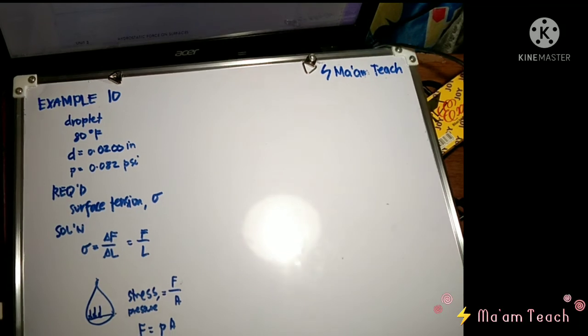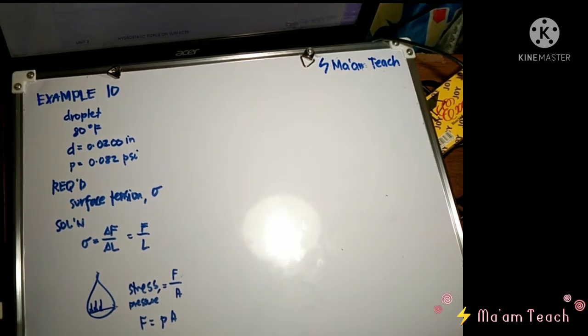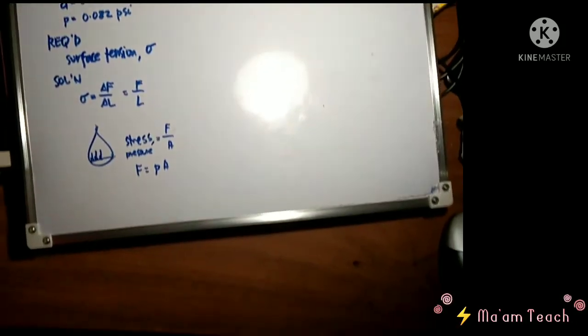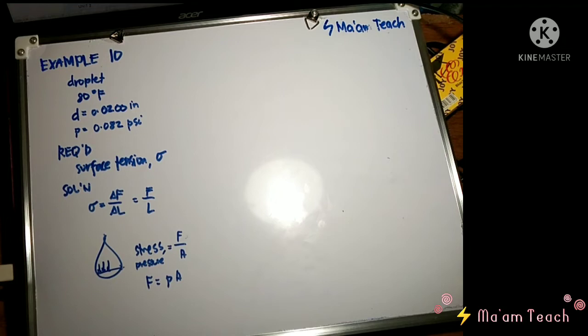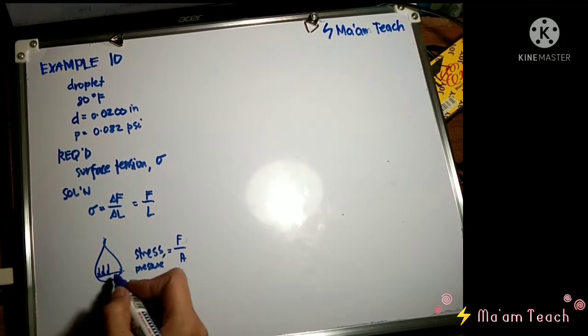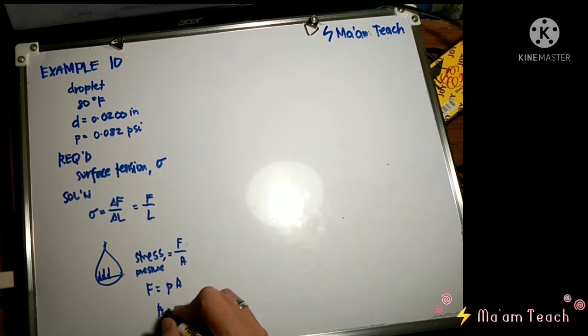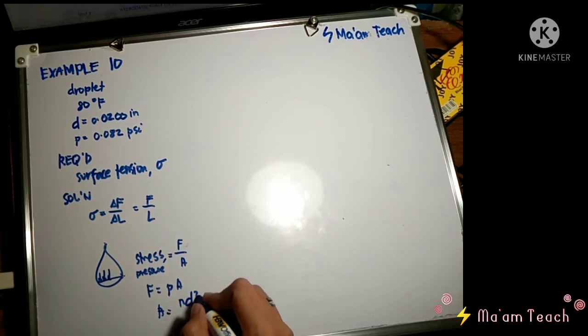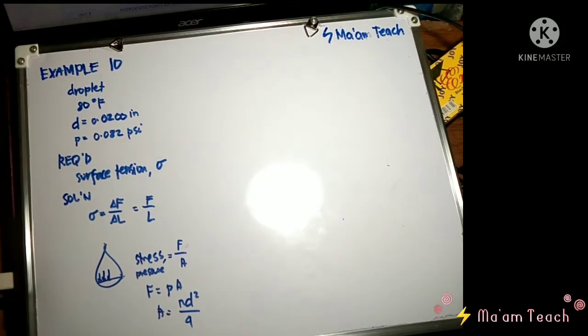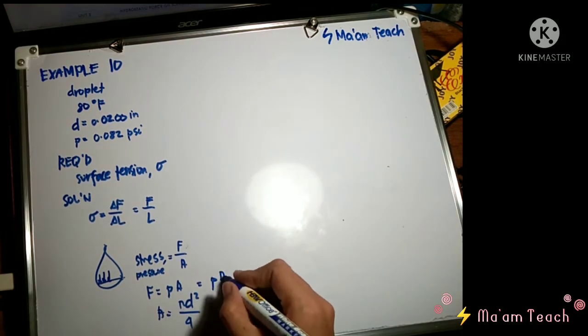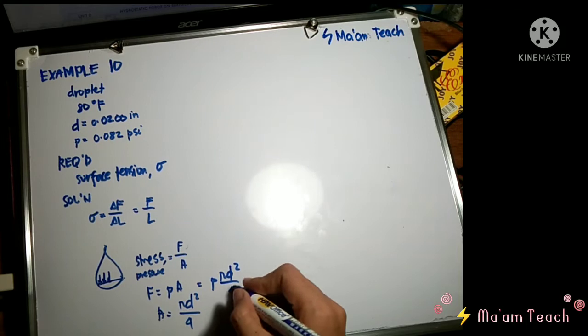Now, what is the area of our droplet? As you can see, the shape of the droplet is somewhat circular, right? This part right here is the cross-sectional area. If you could recall, area is pi d squared all over 4. So from here, we'll have pressure times pi d squared over 4.